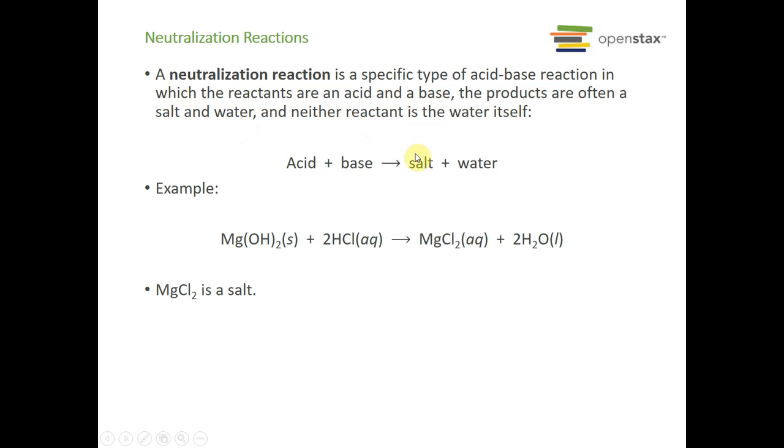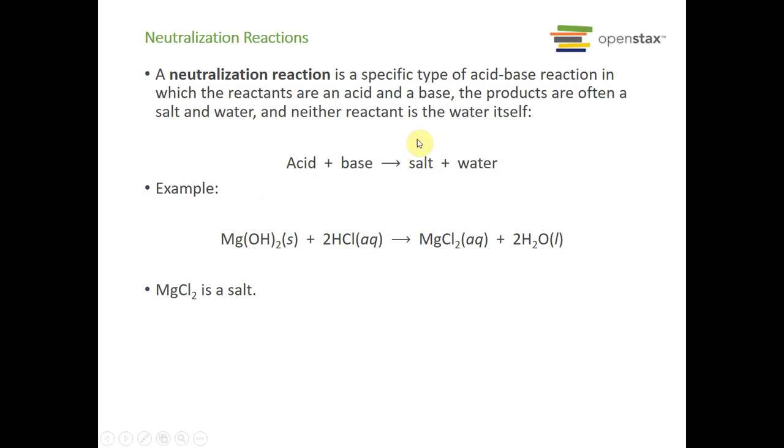So, when we say salt, we don't necessarily mean sodium chloride, although we could mean that. It simply means an ionic compound. That's all that salt means in this case. So, an acid plus a base goes to an ionic compound plus water.